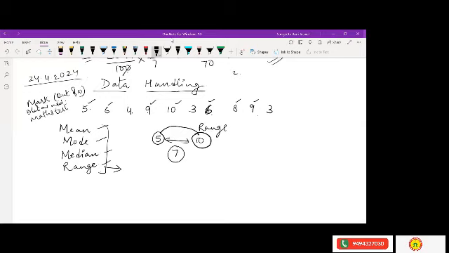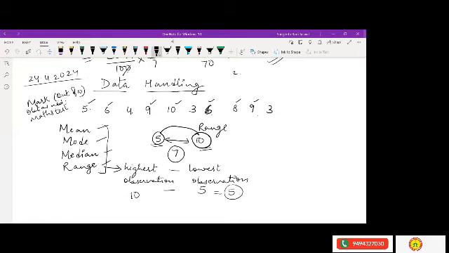Range can be written as the difference between the highest observation and the lowest observation. So here, which is the highest observation? 10. Lowest observation, 5. So what is the range? 10 minus 5 is 5.